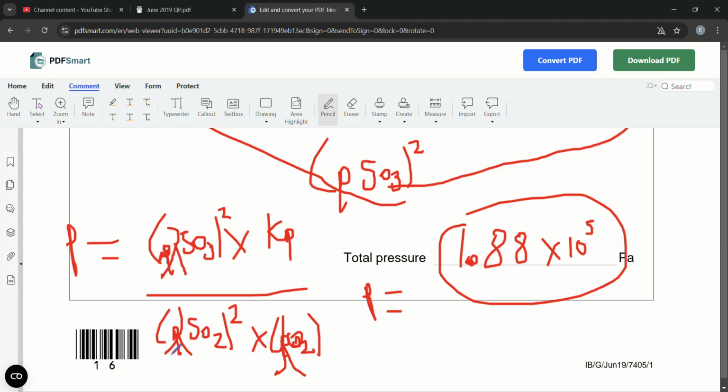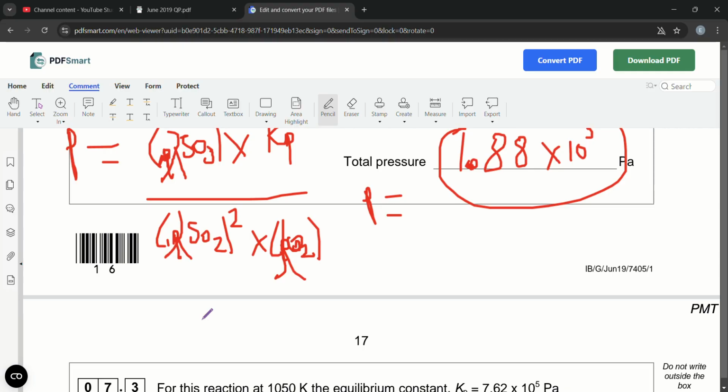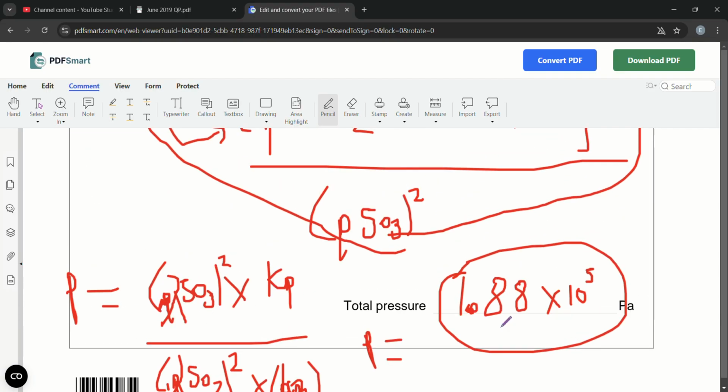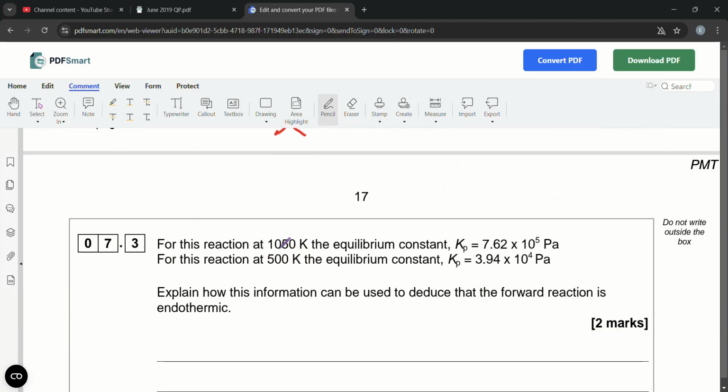Get rid of P and use lambda. It's a minor error, and we're still going to get the correct answer, but you might lose a mark because it's not the partial pressure of SO3 squared. It's lambda SO3 squared, the mole fraction.